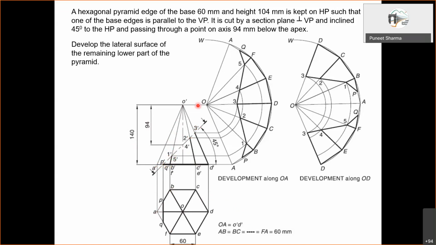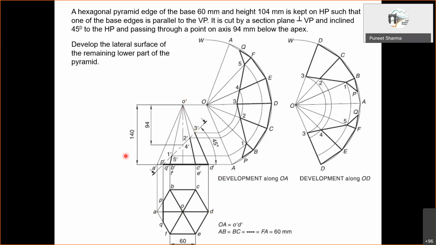Now for this particular case, OD is giving true length here. It is already parallel to the XY line, so O dash D dash is giving true length. Likewise, OA is parallel, so O dash A dash is giving true length.